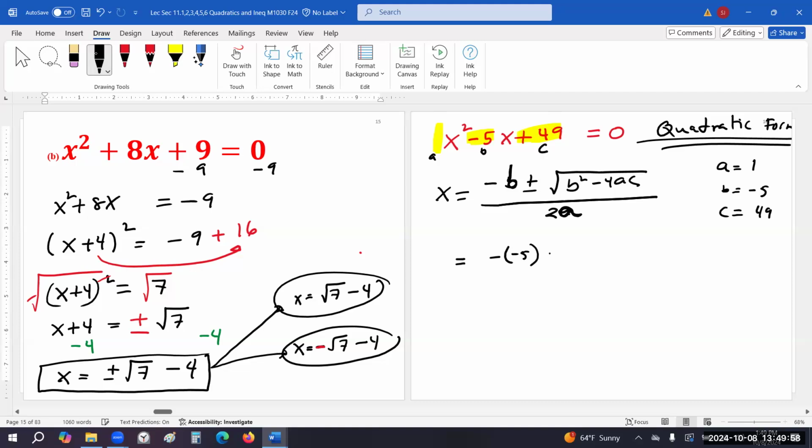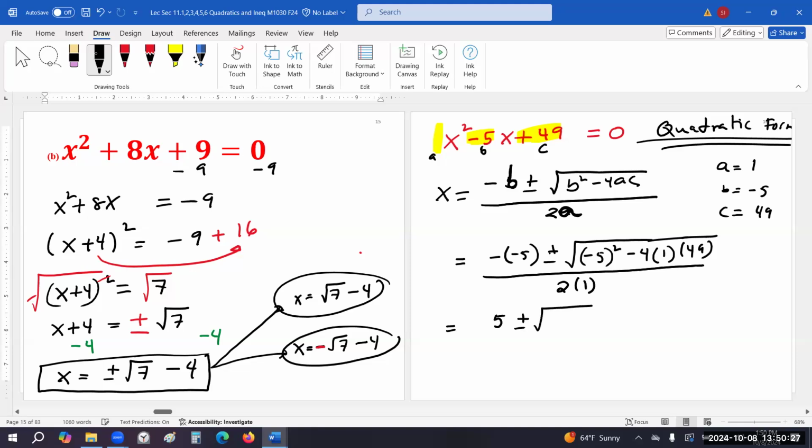So x equals 5 plus or minus the square root of negative 5 squared minus 4 times 1 times 49, over 2 times 1. So you have positive 5 plus or minus the square root of 25 minus.